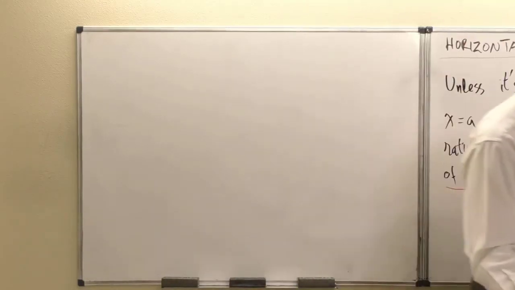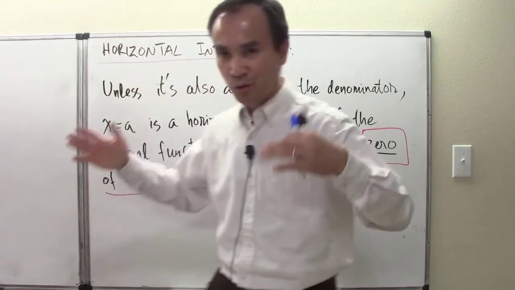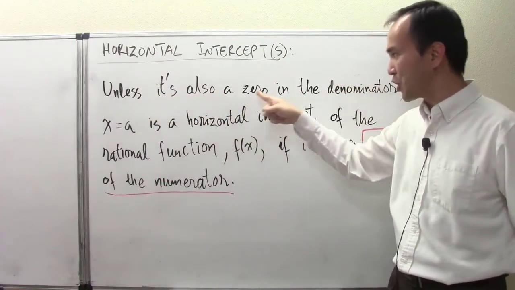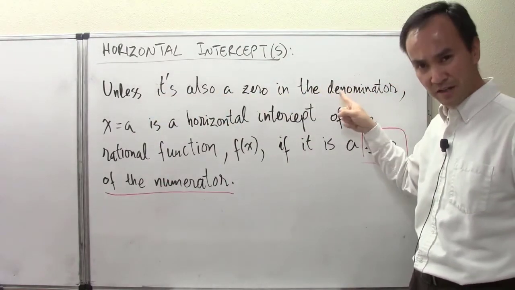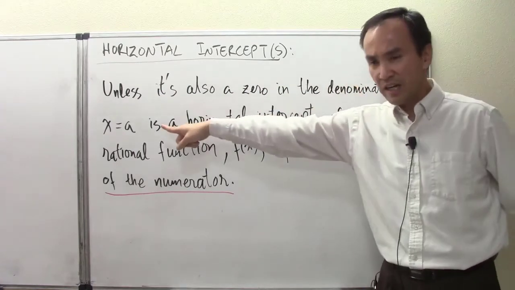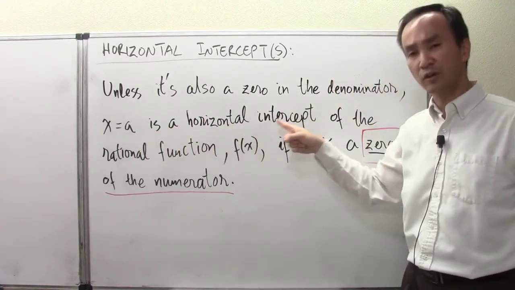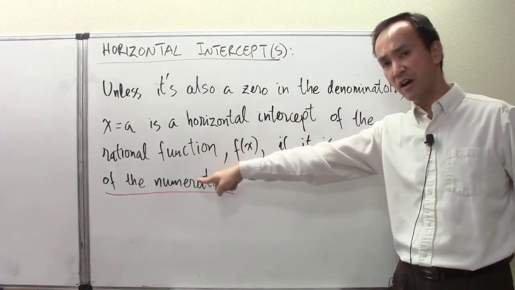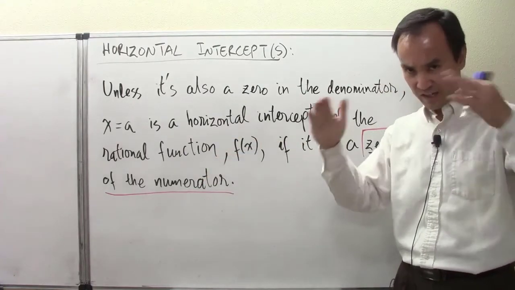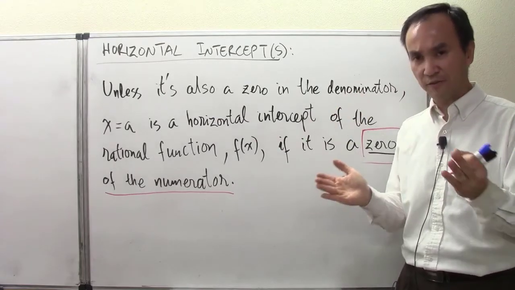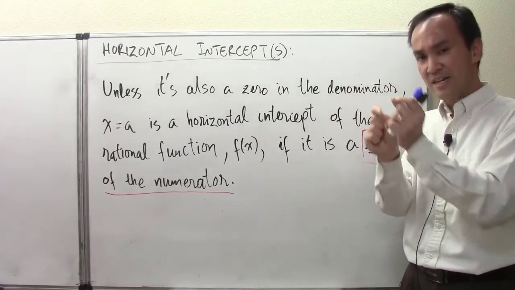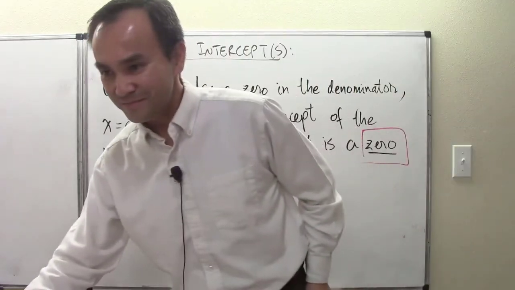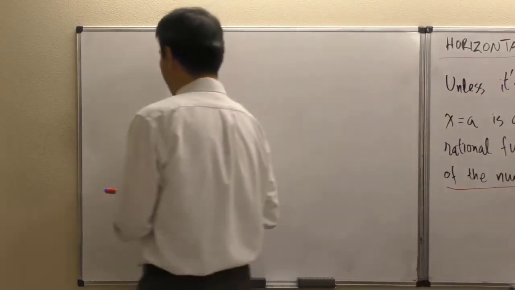And that's why the worded statement says, unless it's also a zero in the denominator, any value x equals a is a horizontal intercept of the rational function if it is a zero of the numerator. That's why, like I said, we first focus our attention on the zeros in the numerator. All right, so now let's really get into example 6.